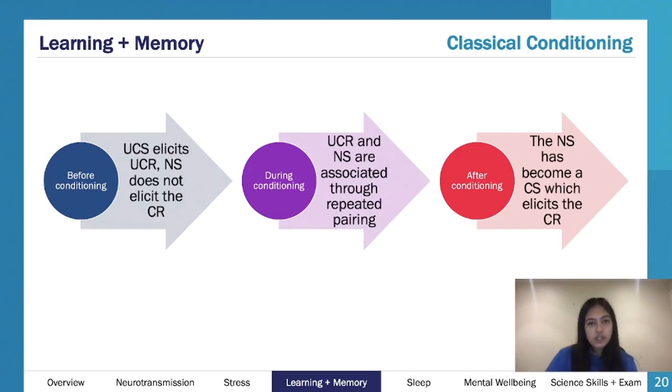So before conditioning, you've got your unconditioned stimulus. Remember, very much in the name, if you understand what an unconditioned stimulus is and an unconditioned response, remembering that conditioning basically means learning. If you've got an unconditioned response, it's an innate response. You haven't learned this response.